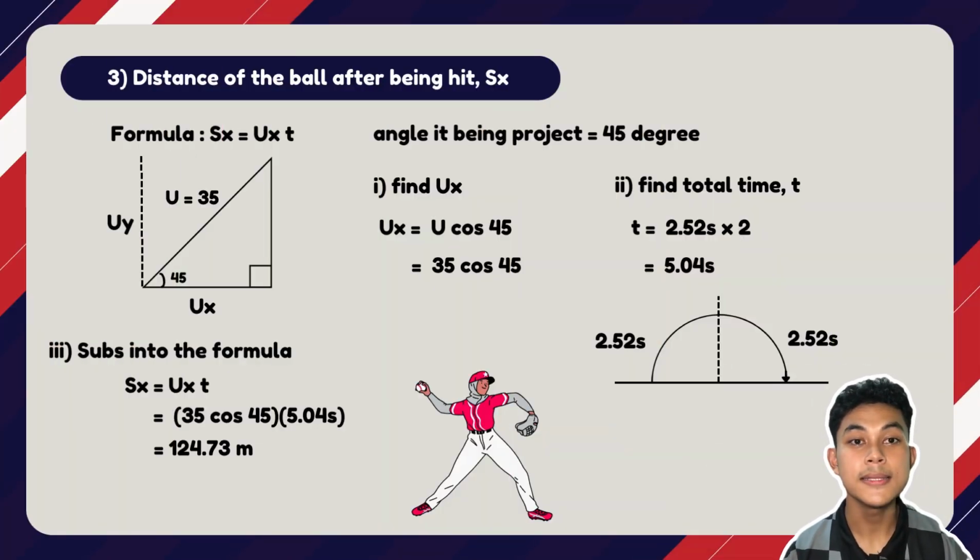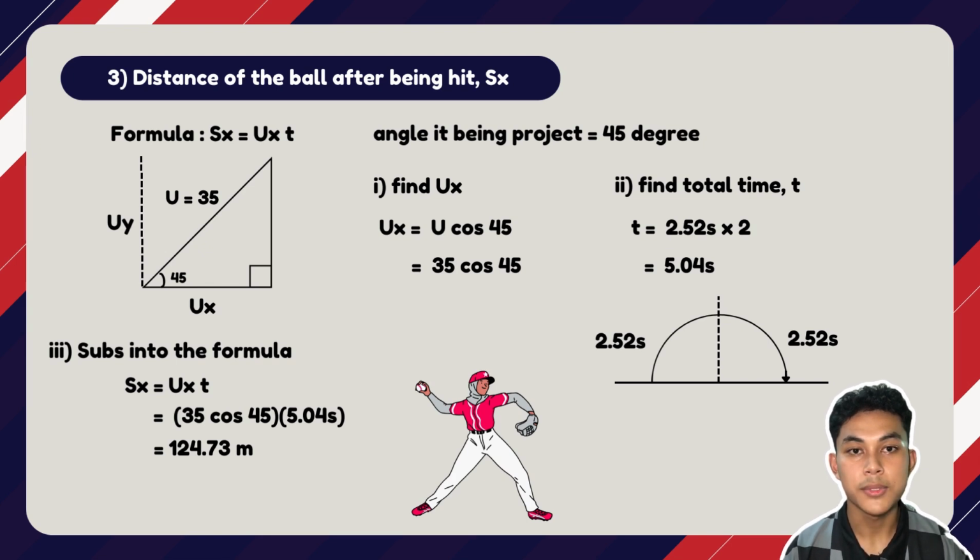Then, the third step is we will calculate the distance of the ball after being hit, which is Sx. The formula we will use is Sx equal to Ux times t. To use the formula, we need to find some values first, such as Ux and the total time t. For Ux, we can retrieve it from the triangle diagram, which is Ux equal to 35 cos 45, and total time is 5.04 seconds.